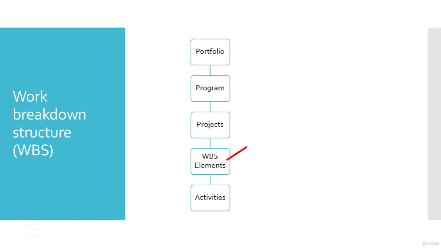So what we have learned from all this discussion is that work breakdown structure or WBS is basically breaking the project down into small sections or parts that are called the WBS elements.